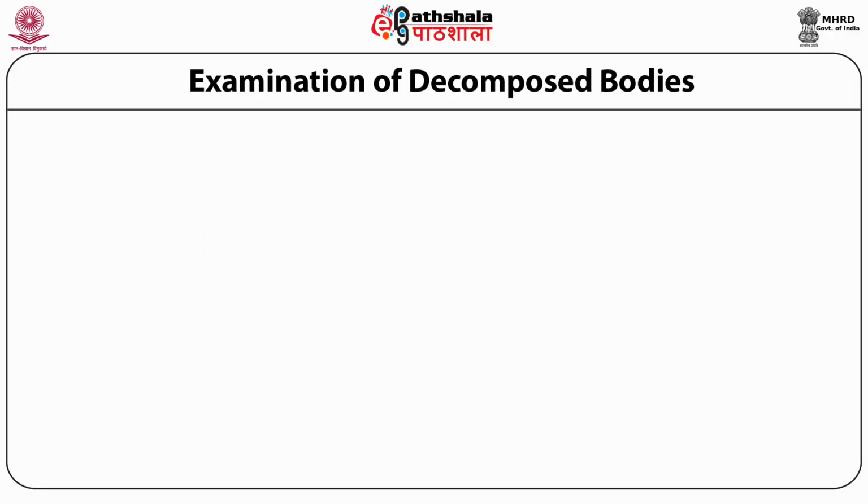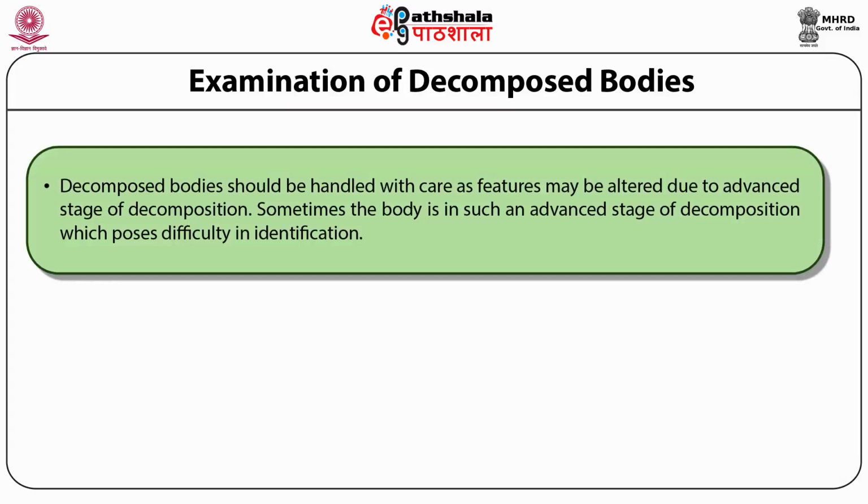Examination of decomposed bodies. Decomposed bodies should be handled with care as features may be altered due to advanced stage of decomposition. Sometimes the body is in such an advanced stage of decomposition that it poses difficulty in identification.